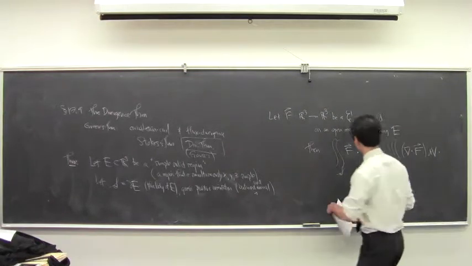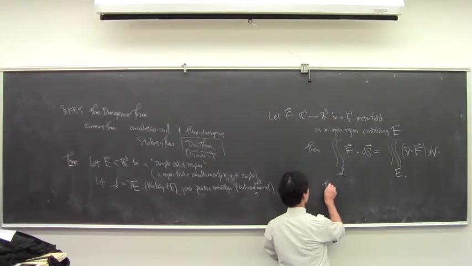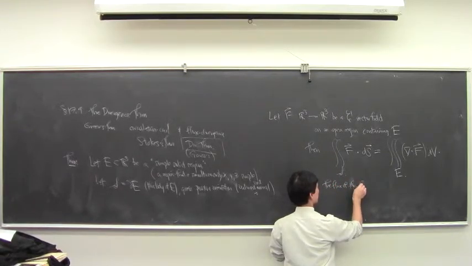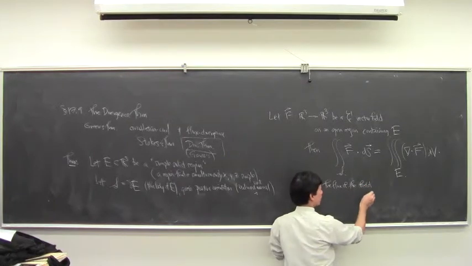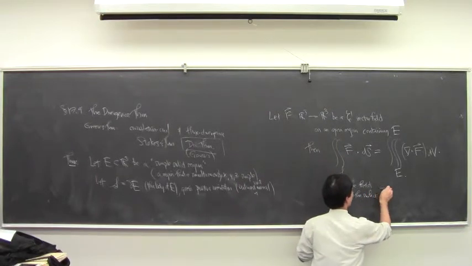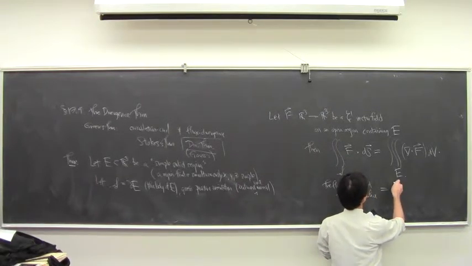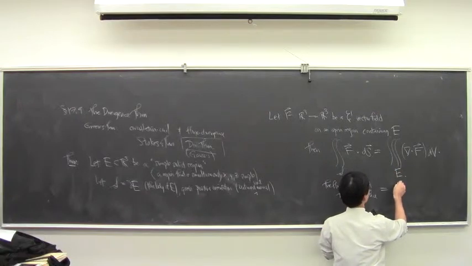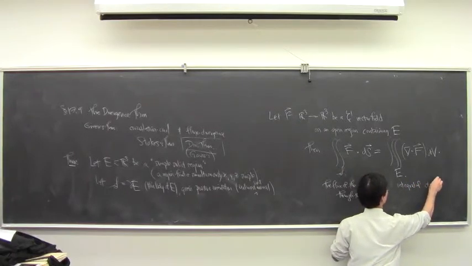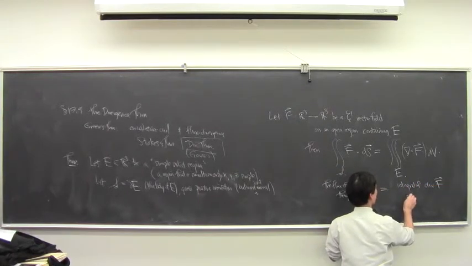The flux of the field through the surface equals the integral of the divergence of the field over the solid.